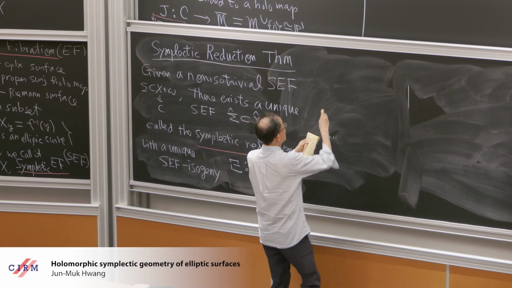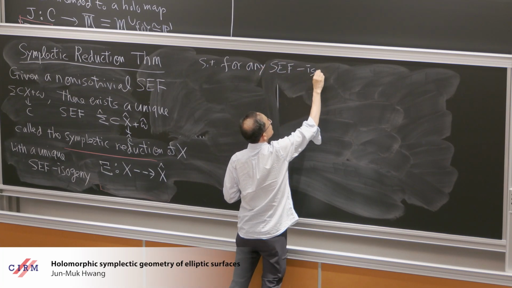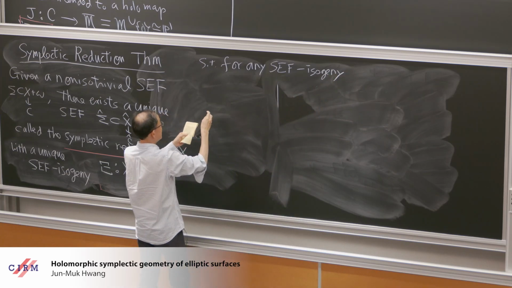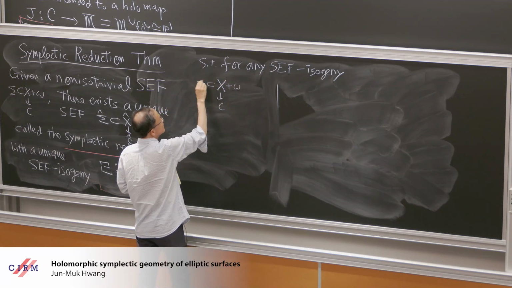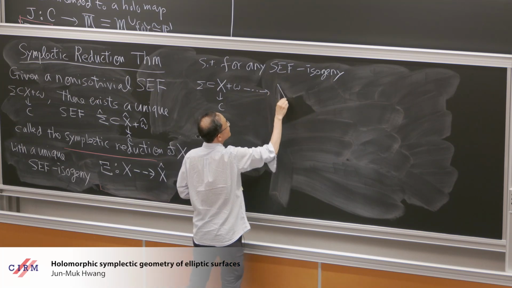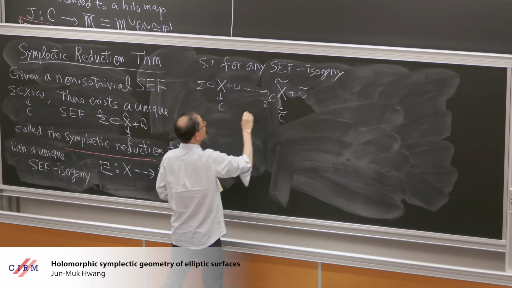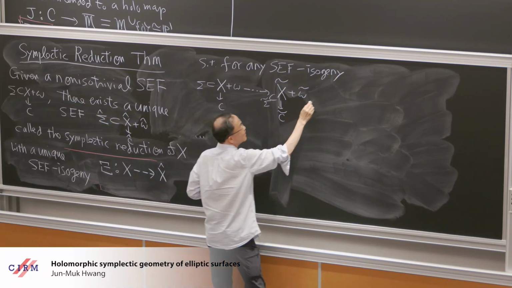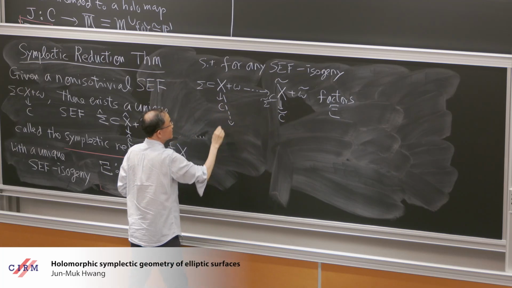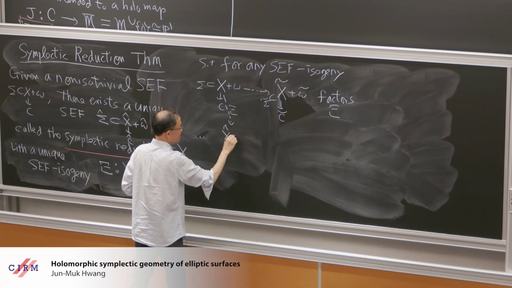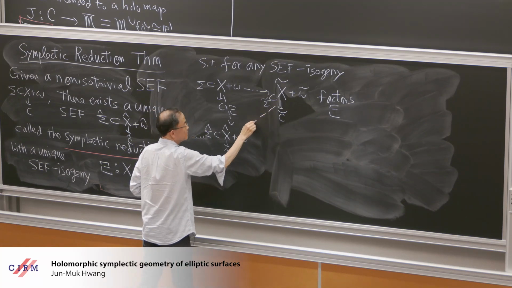Such that for any SEF isogeny from x, so suppose you have an isogeny from this to another symplectic elliptic fibration, then this factors through sigma, in the sense that you have psi from x hat, and here also.